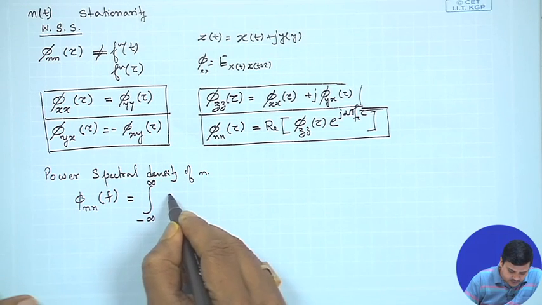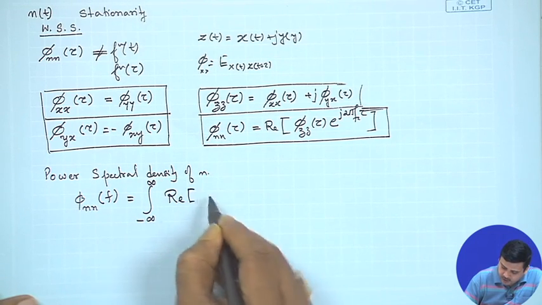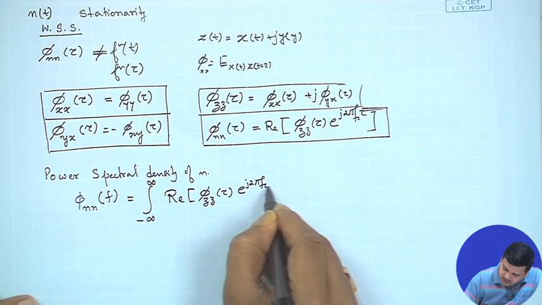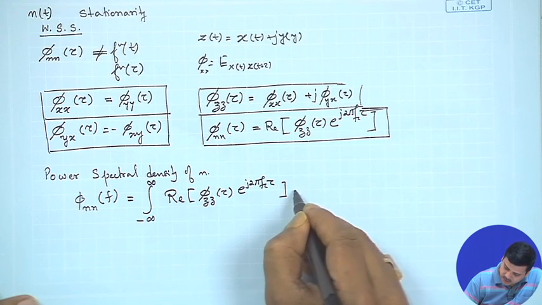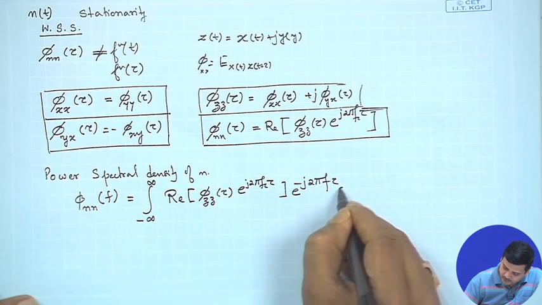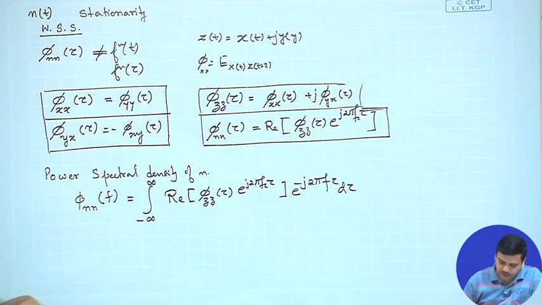So we will be directly writing it as the real part of phi_zz of tau e to the power of j 2 pi f_c tau, times e to the power of minus j 2 pi f tau, d tau. So this is what we have with us.